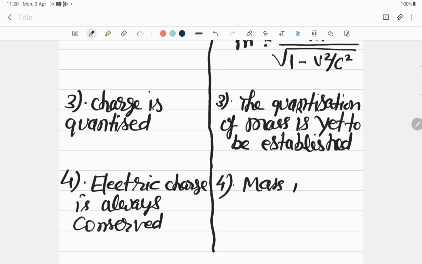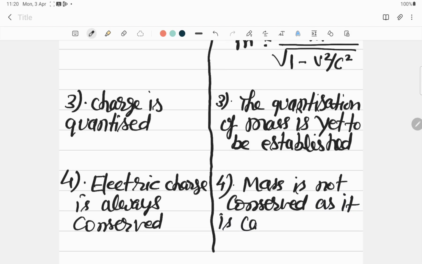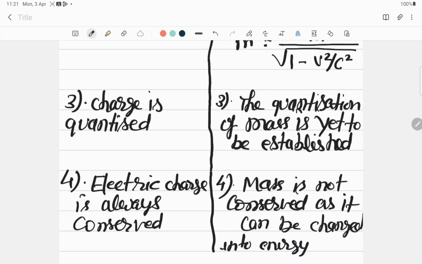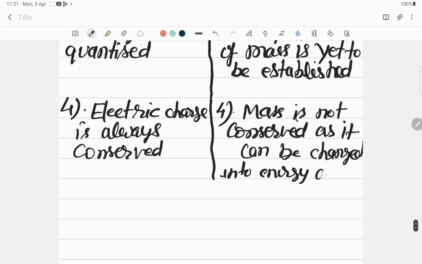Mass is not conserved, as it can be changed into energy and vice versa.